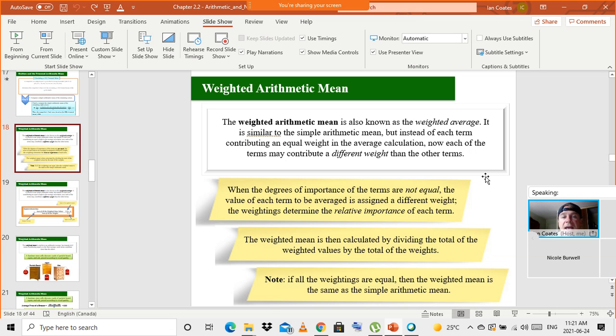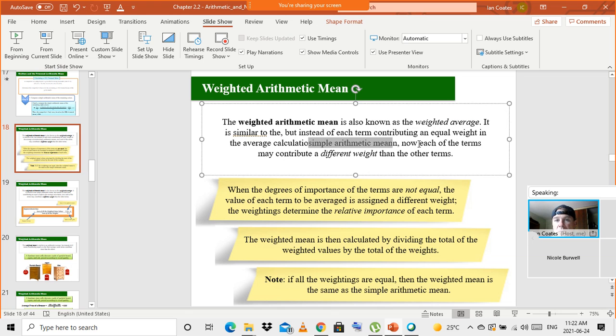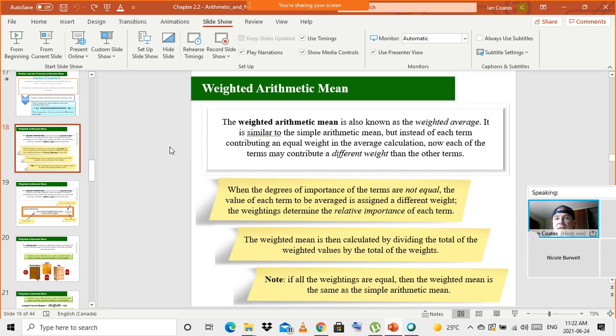This is where you take a test that's worth 20%, a quiz that's worth 5%, a lab that's worth 3%, an assignment that's worth 8%, and now you can mash them all together. The weighted mean is also known as a weighted average. It is similar to the simple mean, but instead of each term contributing an equal weight in the average calculation, each term may contribute a different weight.